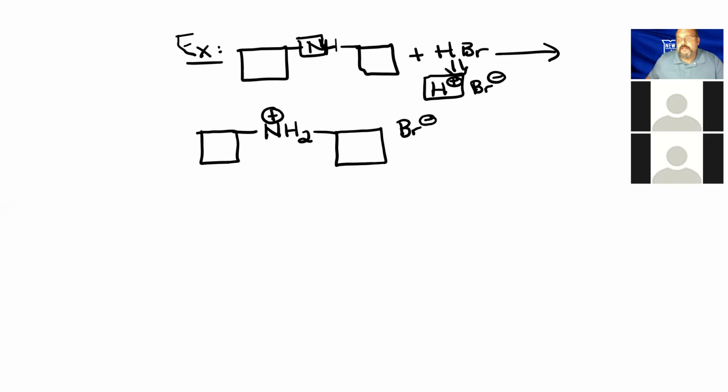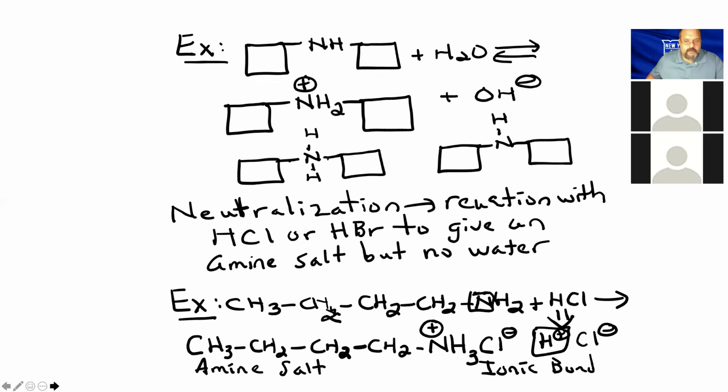You could do plus Br minus, but in reality, this would be one substance. The NH2 plus and the Br minus, the cation, so to speak, the structure here, and the anion would really be one substance. So you don't have to put in the plus Br minus. I know in the other reactions we put plus OH minus.